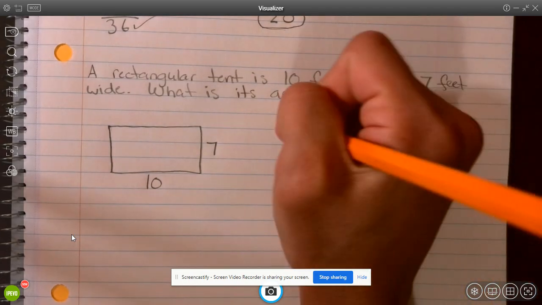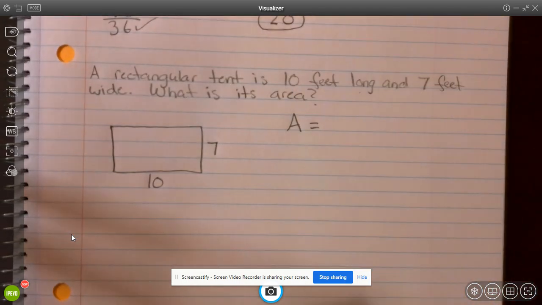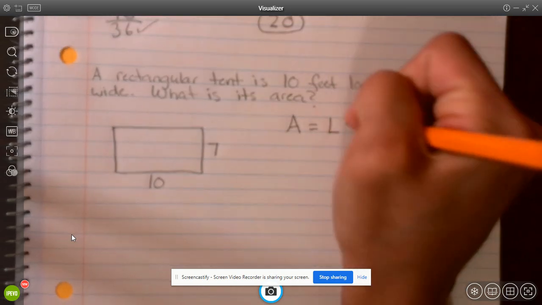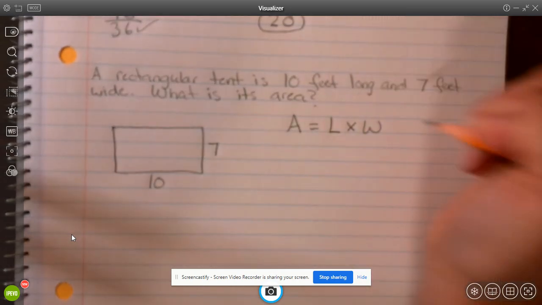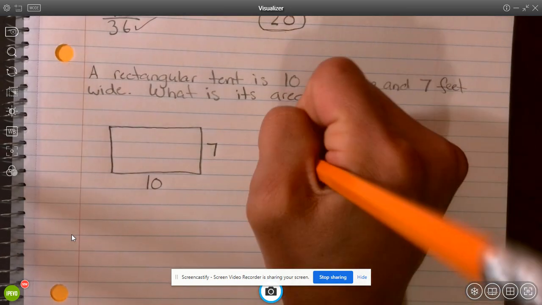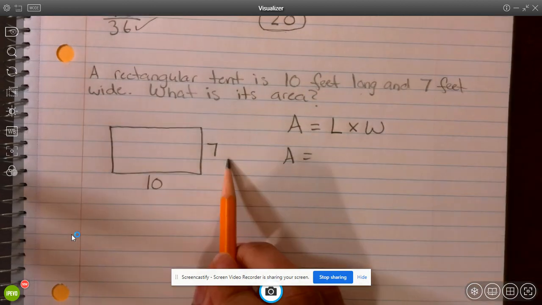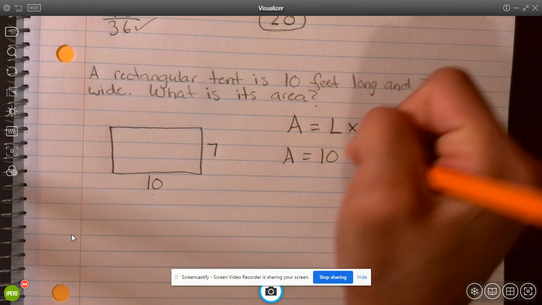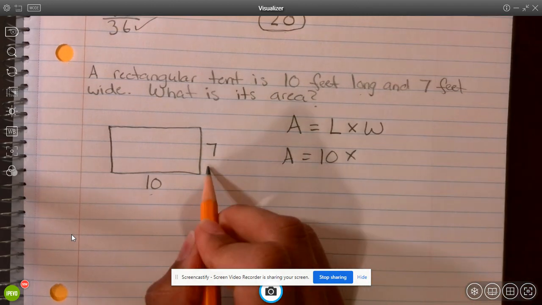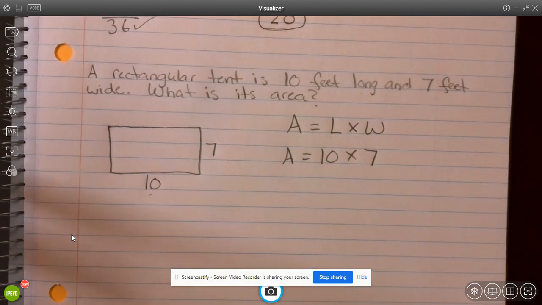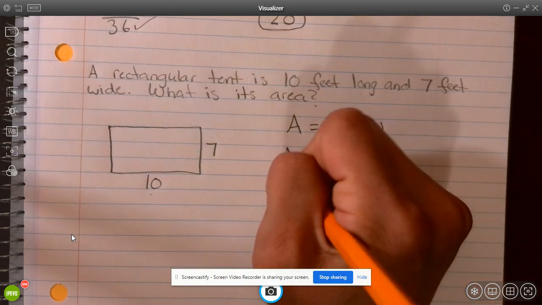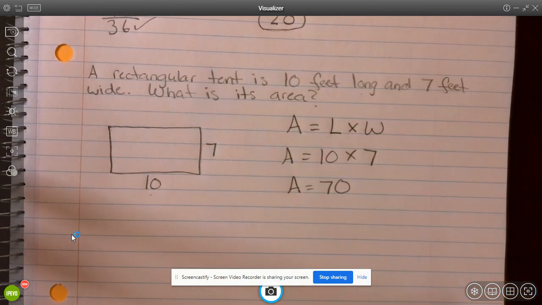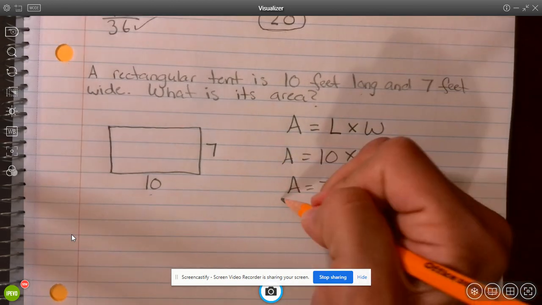Well, the formula for area is length times width. So all we have to do is plug in these numbers. The length is 10 times the width is 7. So 10 times 7 is 70. And that is our area.